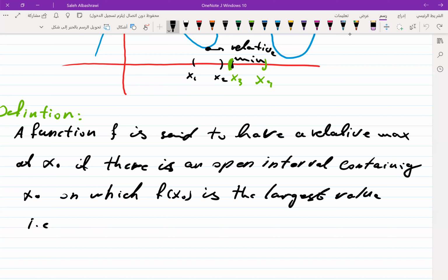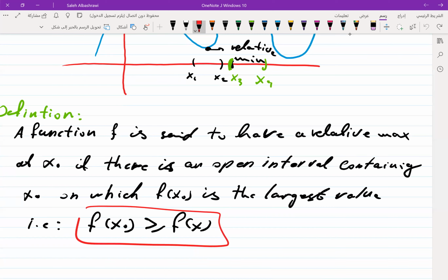I.e., f of x sub 0 is greater than or equal to f of x for any x contained in that interval, or all x in the interval.